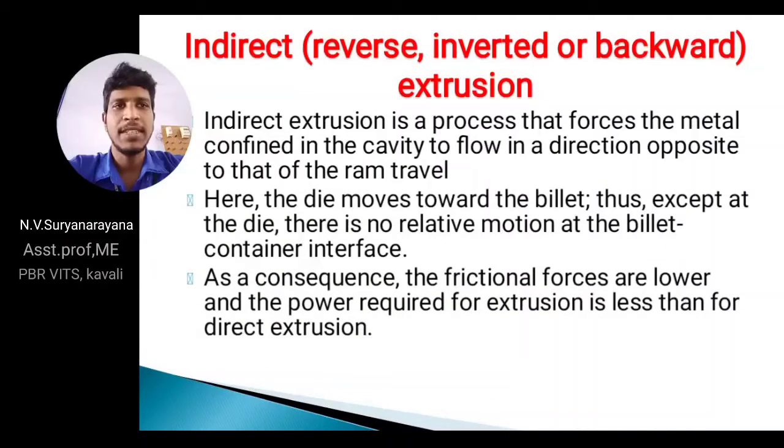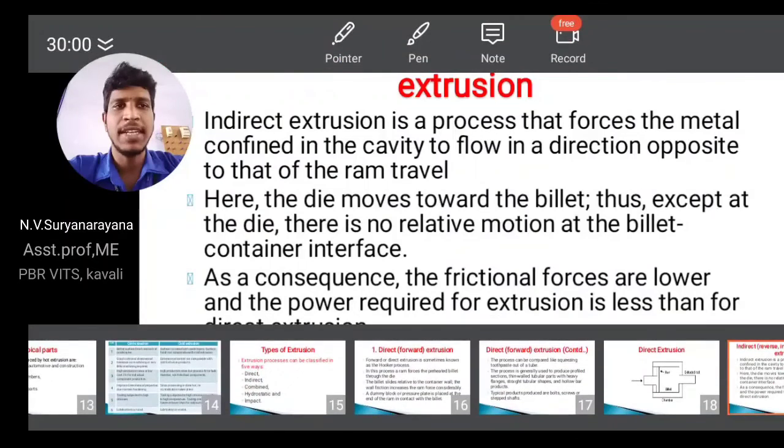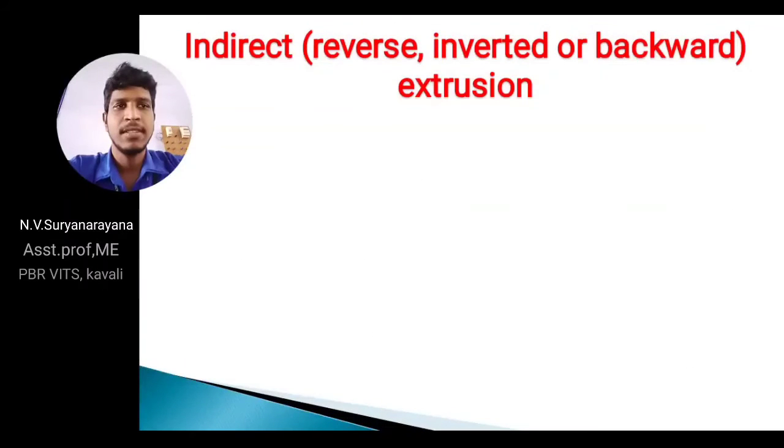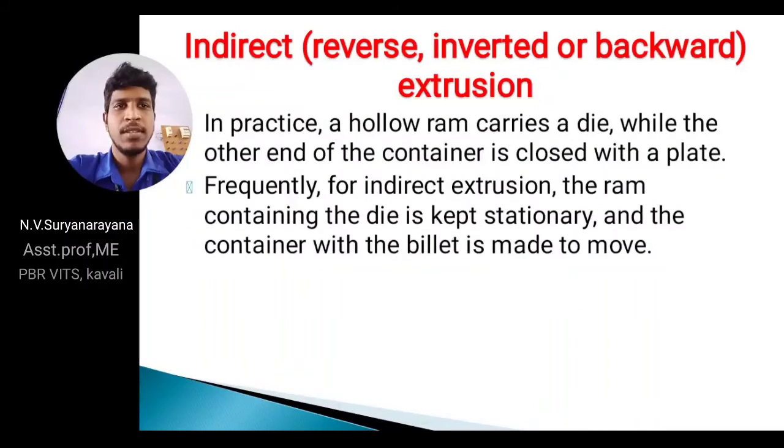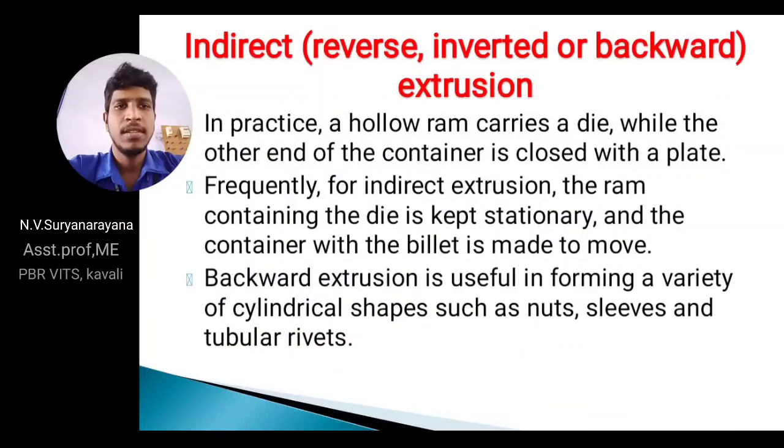By using indirect extrusion, you can get bolts and screws. That means indirect extrusion is used for bolts and screws, and also for nuts, sleeves and tubular rivets.